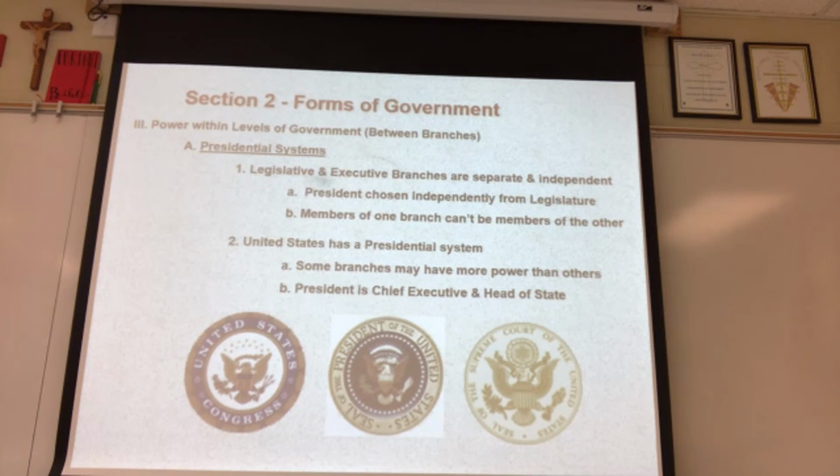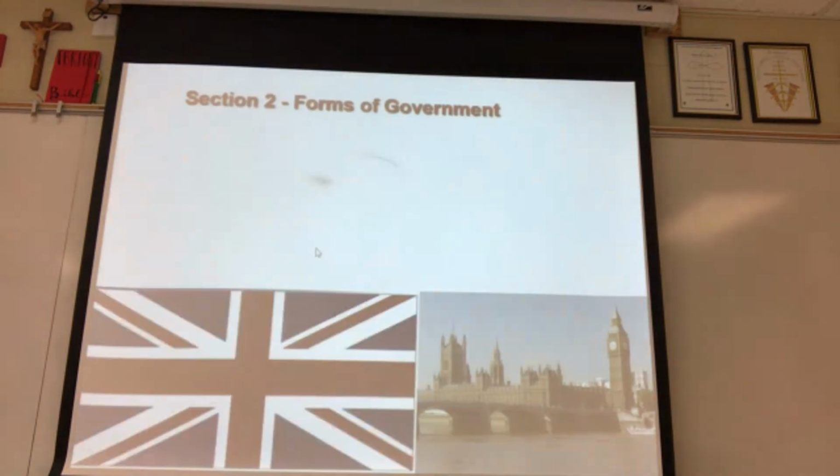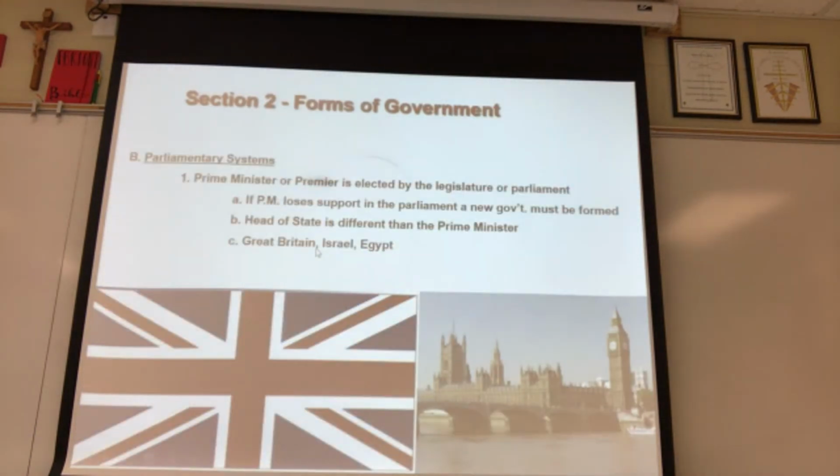In our system, they carry out the law, they execute the law, okay? In our system, the president is the chief executive. And then again, in the parliamentary system, the chief executive is usually called something like prime minister or premier, okay, in a parliamentary system.